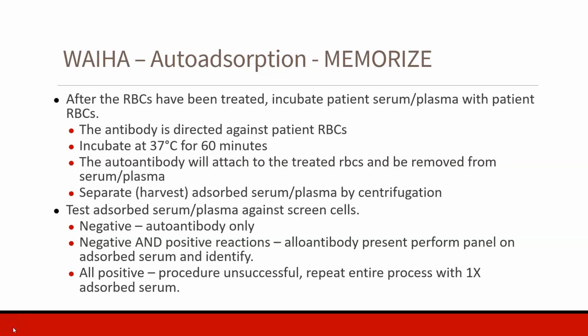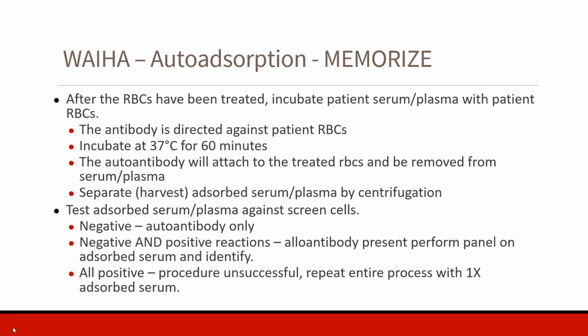Now, if it's negative, that means there's autoantibody only. So you run the screens, it's negative. Yay! You have successfully removed the autoantibody, and there's no underlying alloantibody because it's negative. If you get negative and positive reactions, alloantibody may be present, so perform a panel on the adsorbed serum and identify the antibody that's present.